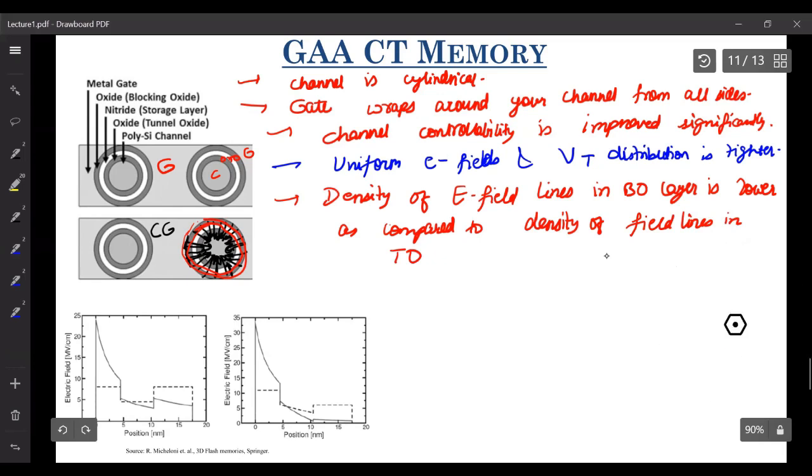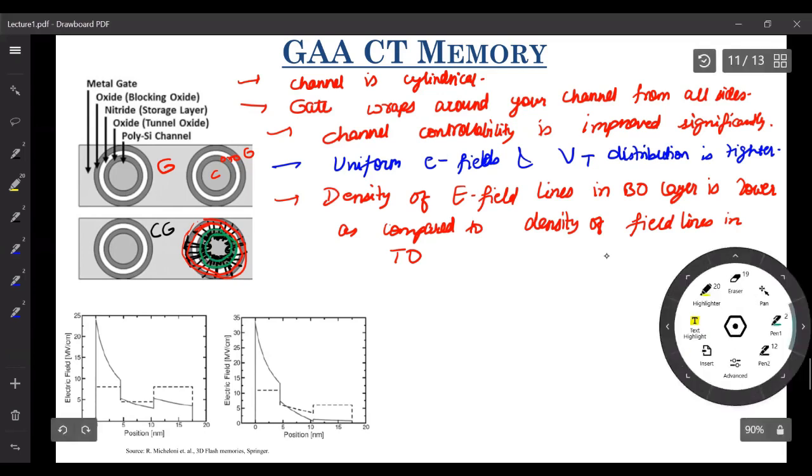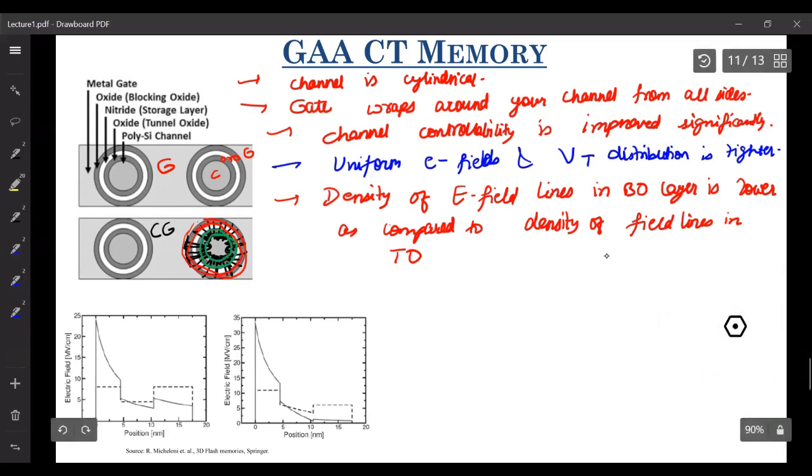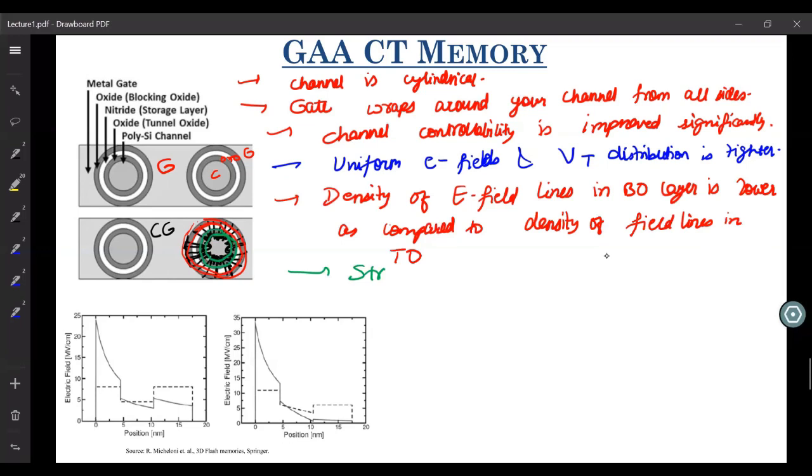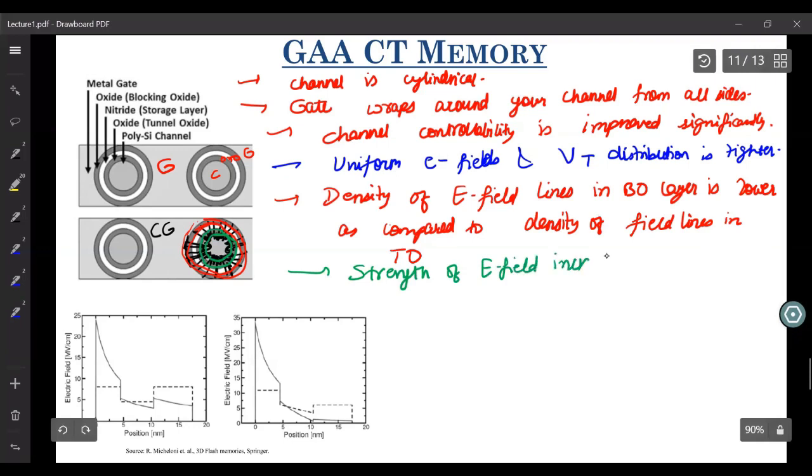Close to the tunneling oxide, you see this kind of overlap, and because of this overlap, the effective field increases. This is the usual norm that the density of electric field lines gives you the electric field strength. So just because of this shape, this curvature, the strength of your electric field increases in tunneling oxide and it reduces in your blocking oxide.